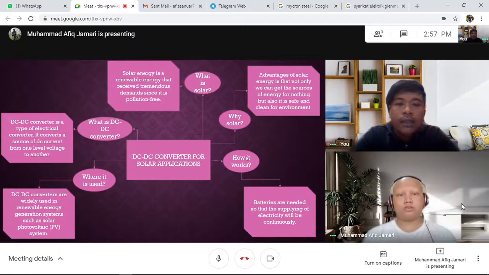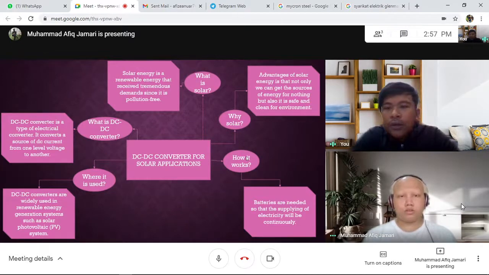The advantage of solar energy is not only that we can get the source of energy for nothing, but it is also safe and clean for the environment. How does it work? By using solar, batteries are needed so that the supply of electricity will be continuous.